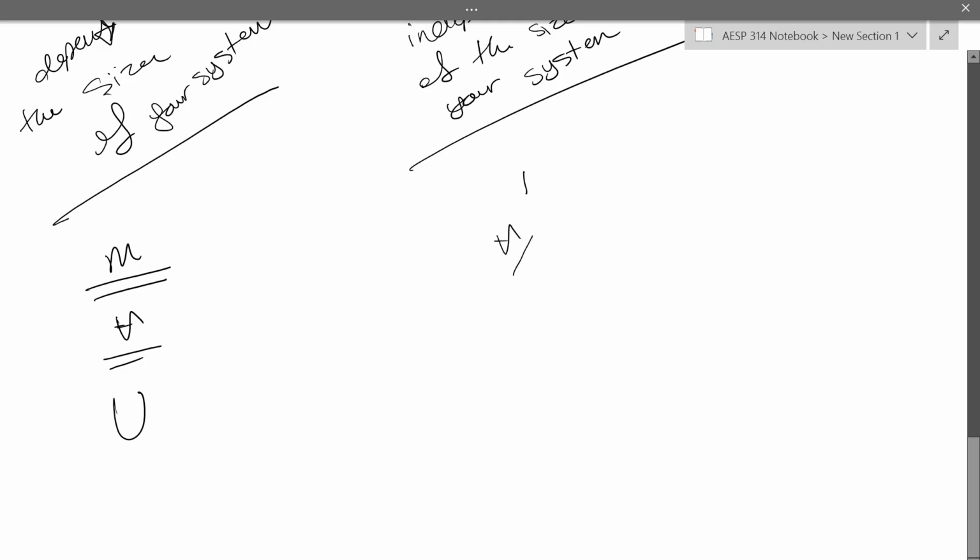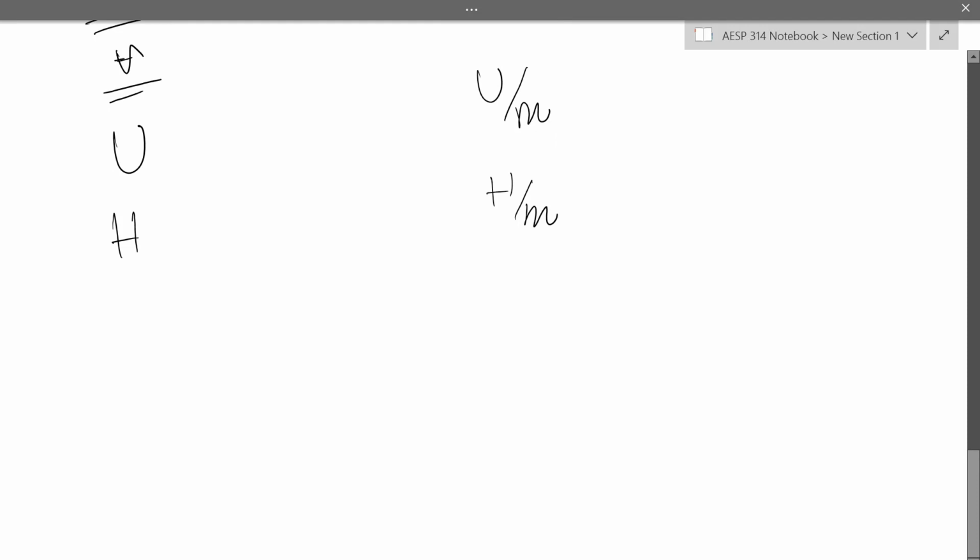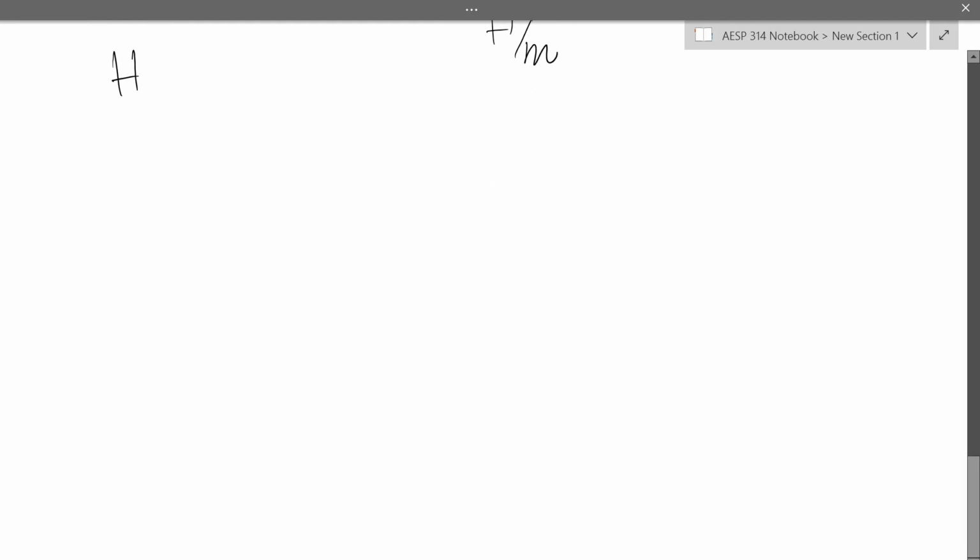Your volume is going to be V divided by mass, and your energy is going to be also U divided by mass. Enthalpy is also another extensive property, and for the intensive property part of it, we just divide H by M. Any question here?